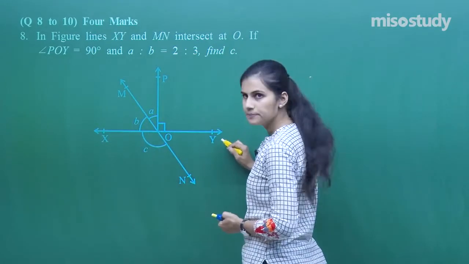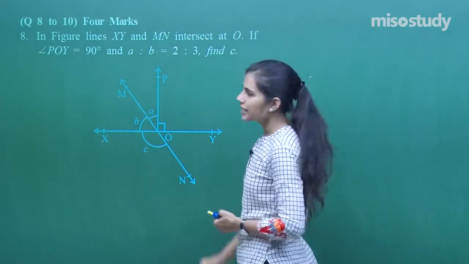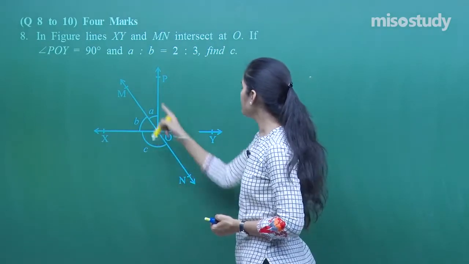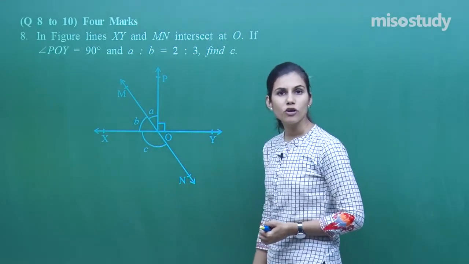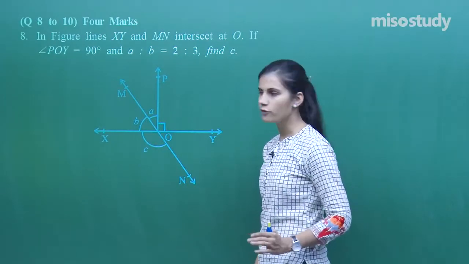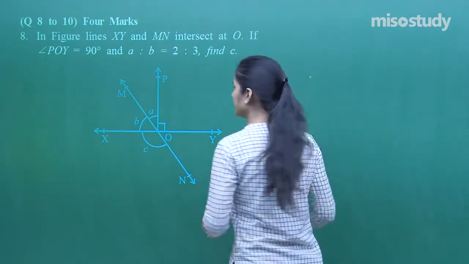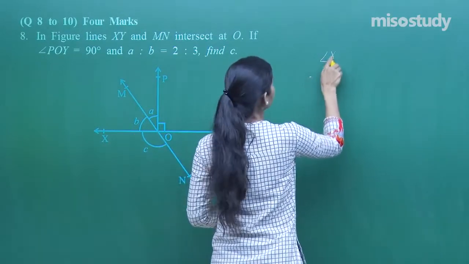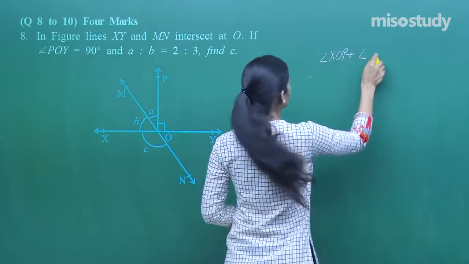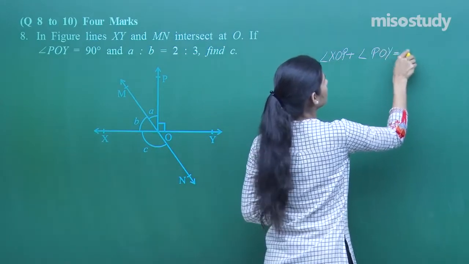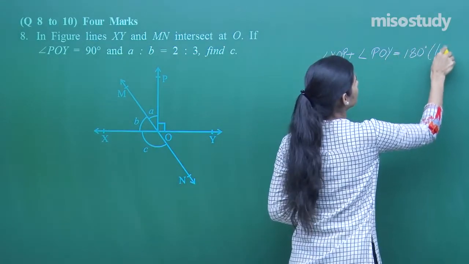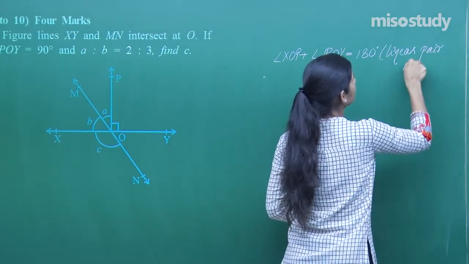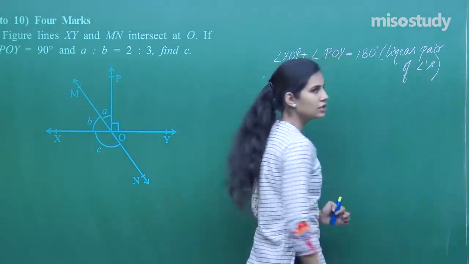XY is a straight line. OP is a ray standing on this straight line, thereby giving rise to two adjacent angles XOP and POY, which will be forming a linear pair of angles, and therefore their sum will be 180. So I will have angle XOP plus angle POY is 180 because they are forming linear pair of angles, right?